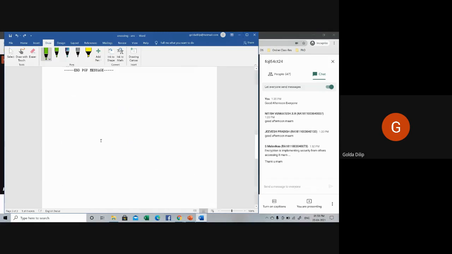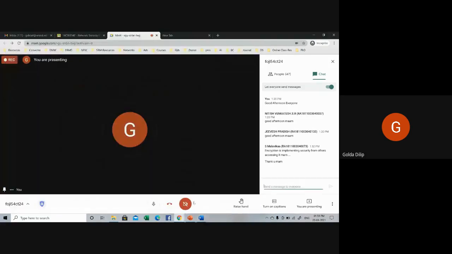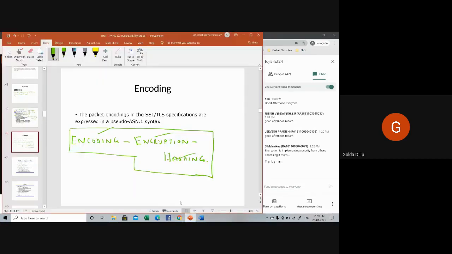So I was just trying to explain these three things. There is a PPT: what is basically encoding, which doesn't require a key, what is encryption, and what is hashing? Okay, so SSL uses this particular syntax.